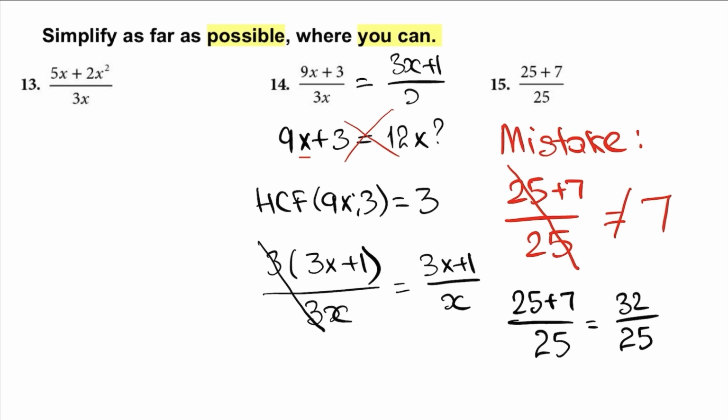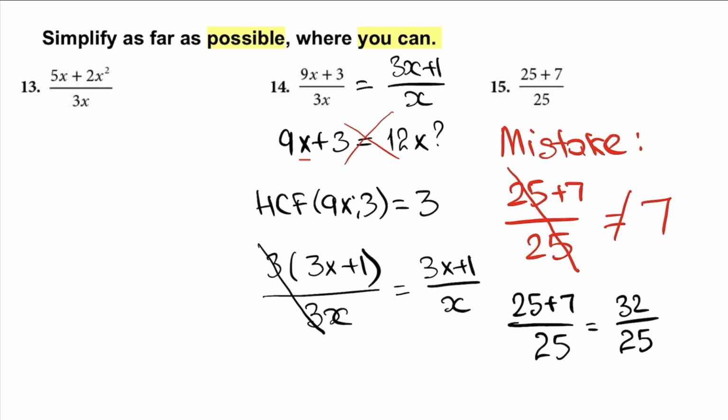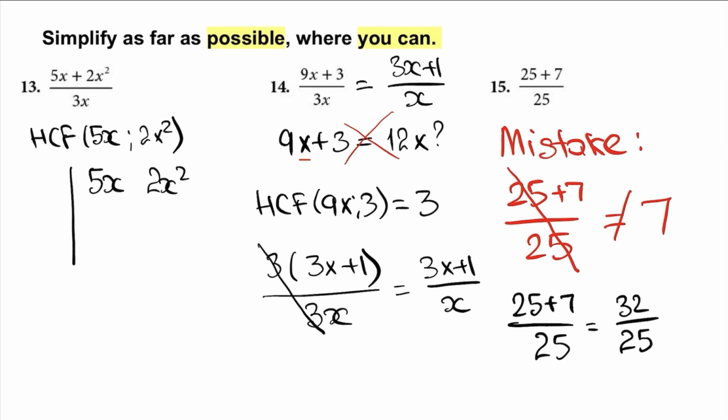Let me also show how we solve question number 13. We need to find the highest common factor of these two terms. So we write here 5x and 2x squared. They're both divisible by x. So here is 5 and 2x.